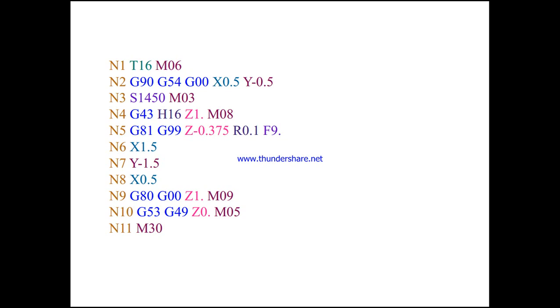N5 is the drilling cycle, that is G81. Drill depth Z and cutting feed F are given with this command for the current position, that is X.5 and Y.5. N6, as the drilling cycle continues, it works with every axis movement.